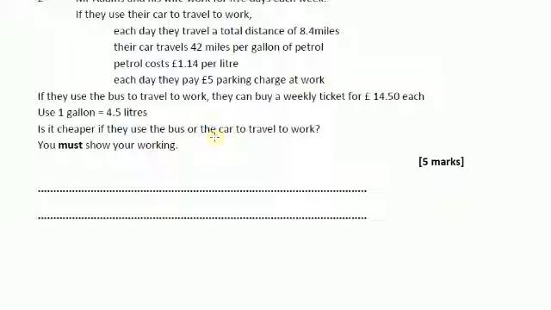So, a lot of information. Let's do the bus first. That's nice and easy. They need to buy 2 tickets, one for each of them, at £14.50 each, which works out to be £29. Now, what about the car? If they travel to work by car, let's see, first of all, the distance.